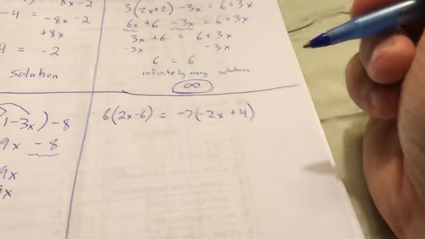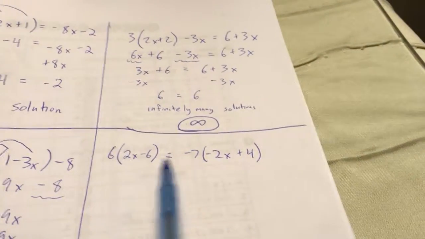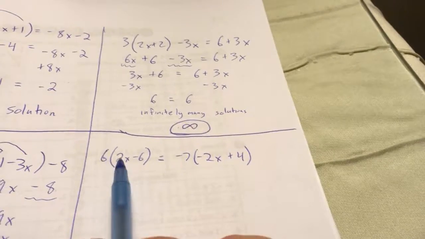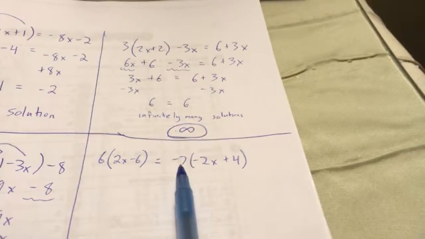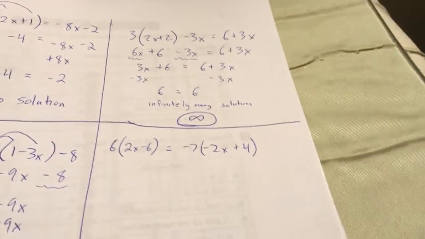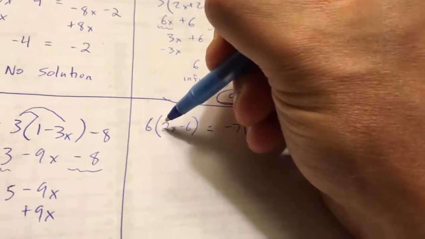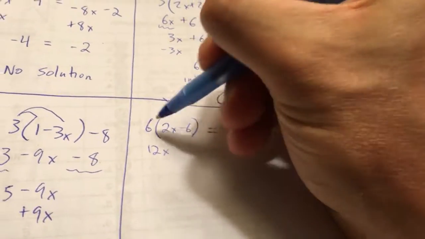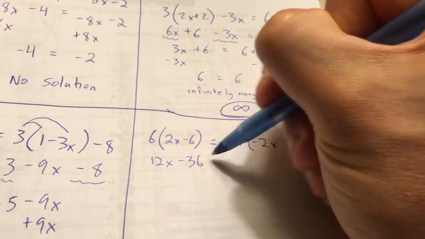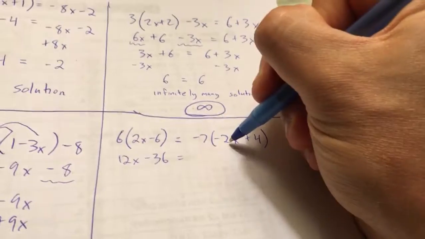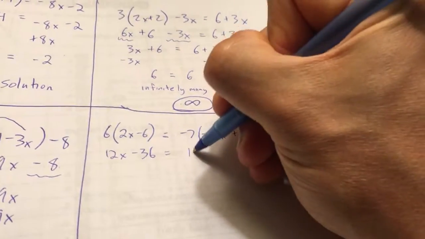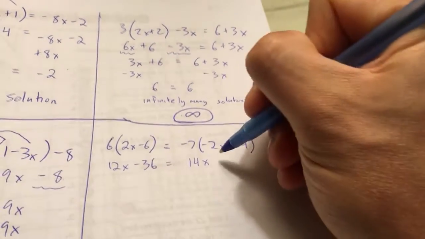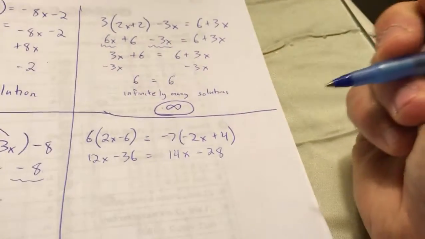First step is to distribute. We distribute the 6 into the 2x minus 6 and the negative 7 into negative 2x plus 4. So 6 times 2x is 12x, and 6 times negative 6 is minus 36. Negative 7 times negative 2x is 14x, and negative 7 times positive 4 is minus 28.